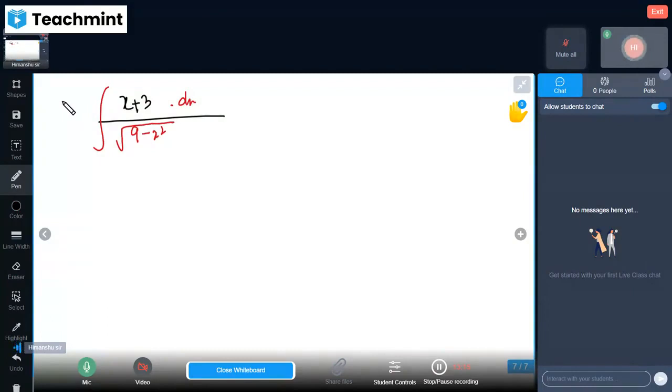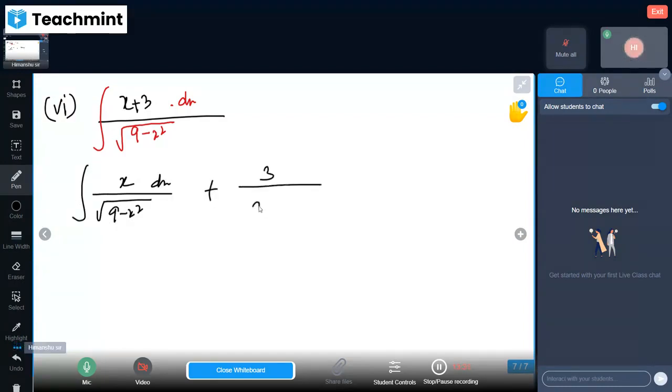This is question number 6. So this can be split into two forms: x by root of 9 minus x square dx plus 3 upon root of 9 minus x square dx, right?